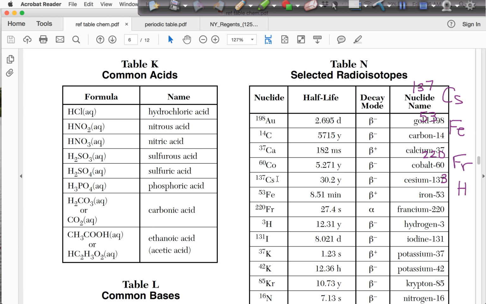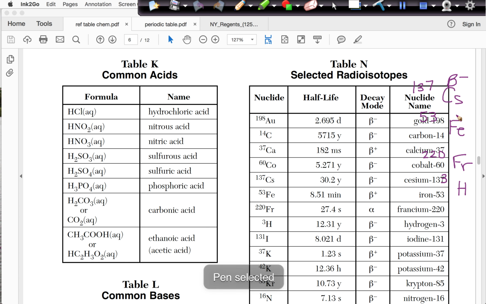So cesium-137 has a decay mode of B-, Fe53 has a decay mode of B+, Fr220 has a decay mode of alpha, and H3 has a decay mode of B-. I'm just going to circle those so you can see where I'm getting this information from.